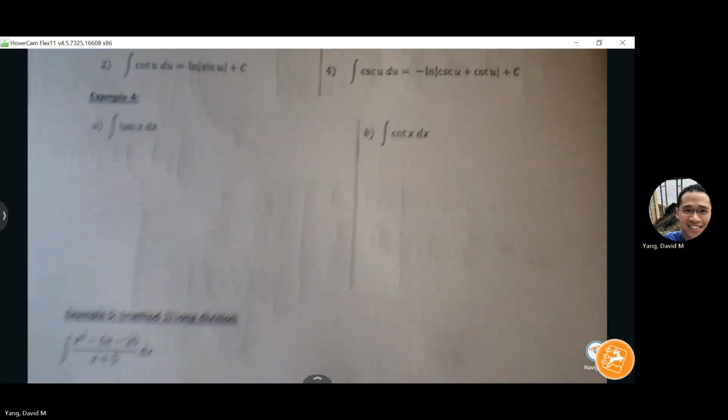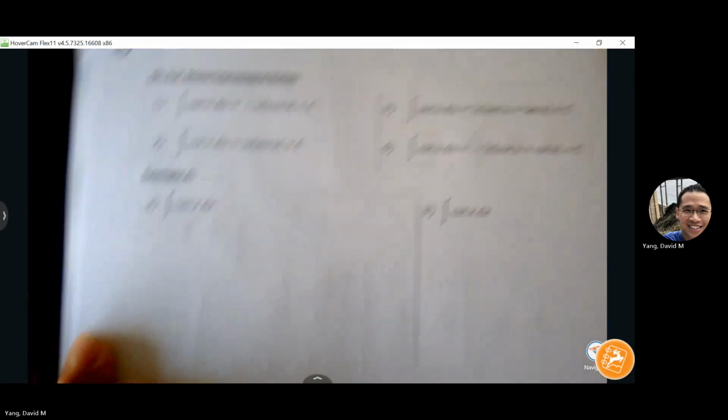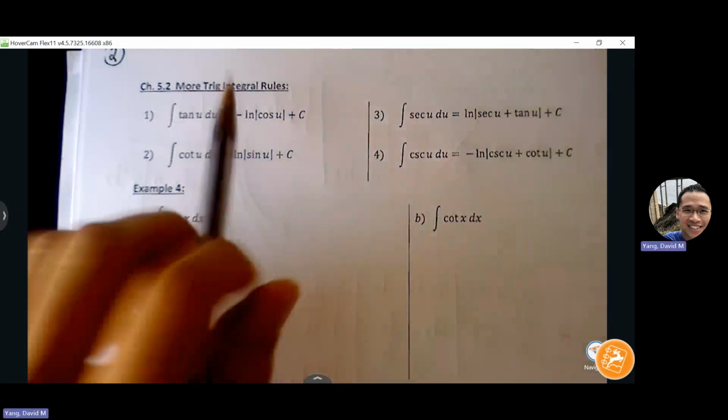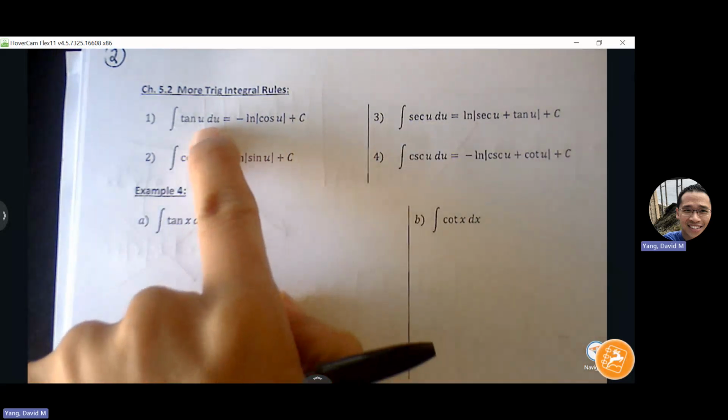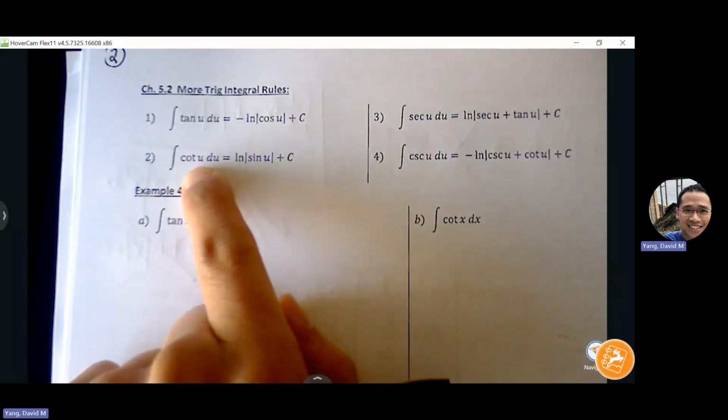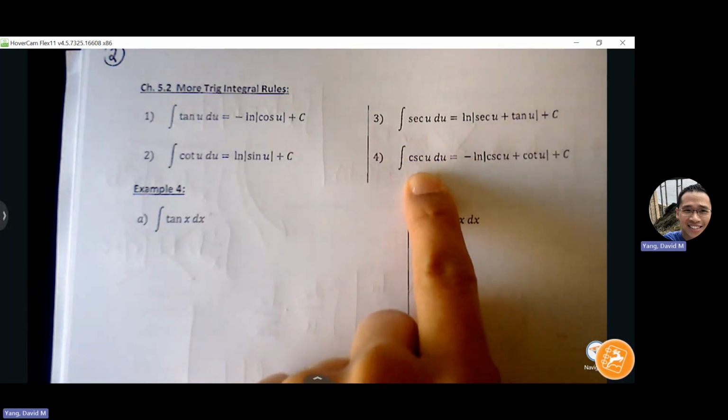Okay, so look at the top of page 2 here. These are more trig integral rules. Notice that there's integral of tangent, integral of cotangent, integral of secant, integral of cosecant.